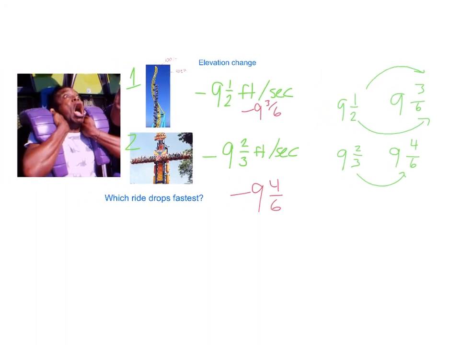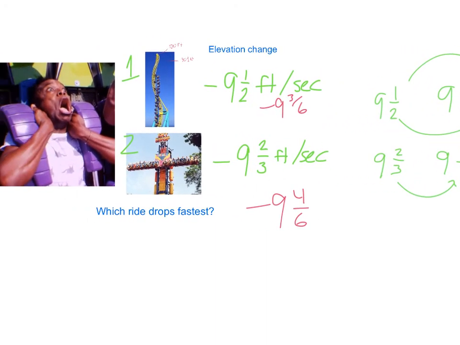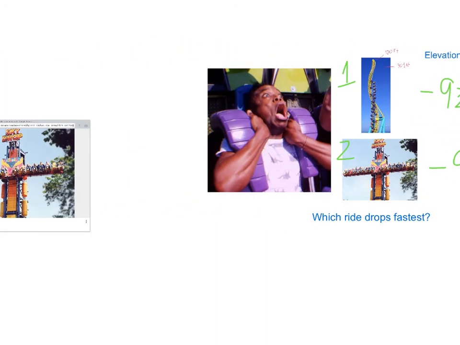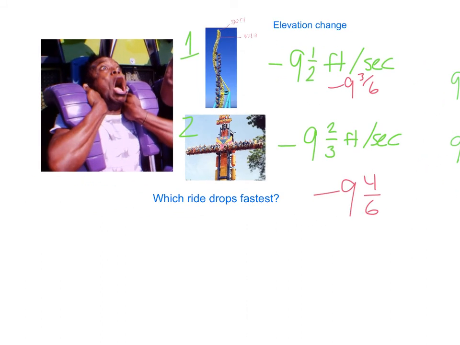So which one drops fastest? Well, I like to think of it like this. This is a number line, or actually, let's do a vertical number line. And let's call it 100.